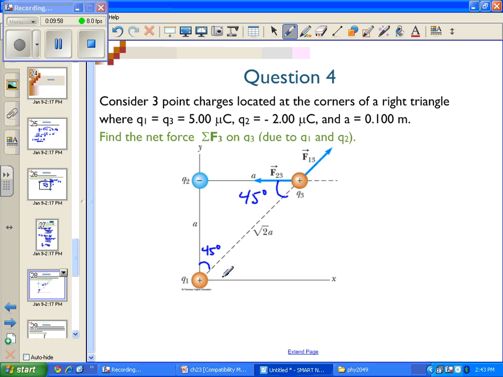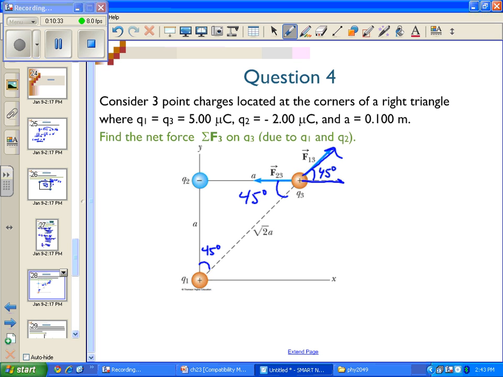Let's see where they got this. Well, the force between charge 1 and charge 3 is F13. And of course, because we are asked to determine the force on charge 3, we don't care about the force on charge 1, even though they're the same in magnitude. Of course, this one would be in the opposite direction. So we see that the force F13 is directed so that, first of all, there's a 45-degree angle between this force and the horizontal.